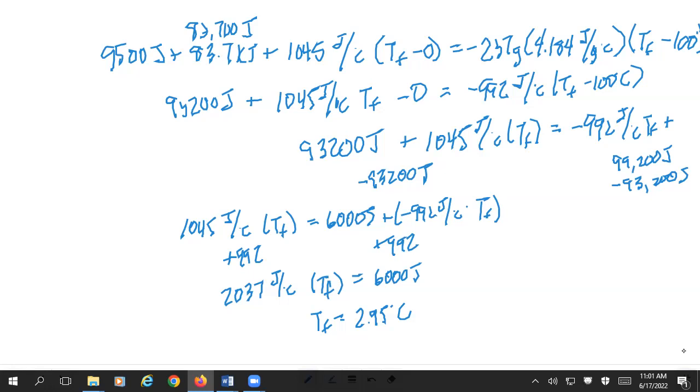So in the end, the temperature of that tea got pretty cold. Now, like I said, this is a long process. These kinds of heat transfer problems are long. What we have to remind ourselves of, to get into the framework of thinking, is that it is a transfer process. So whatever happens to the one thing, the exact opposite is happening to the other.